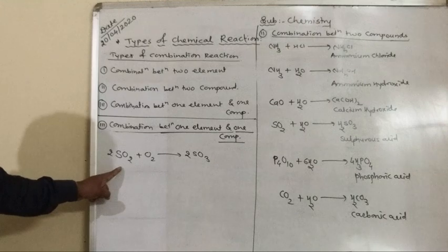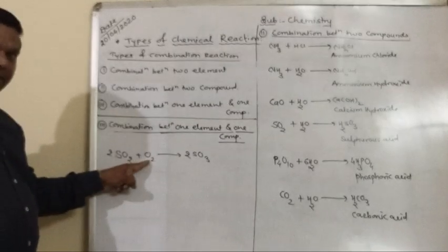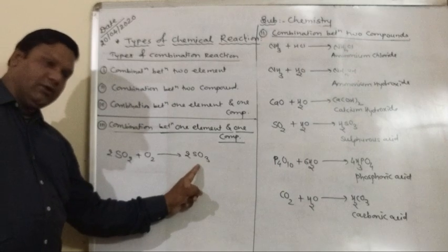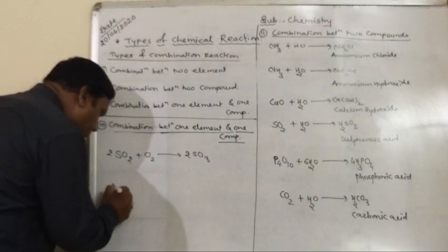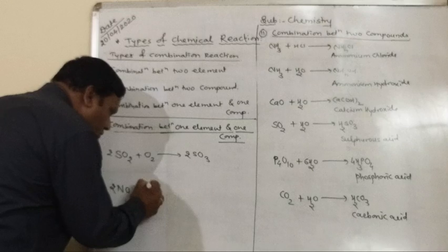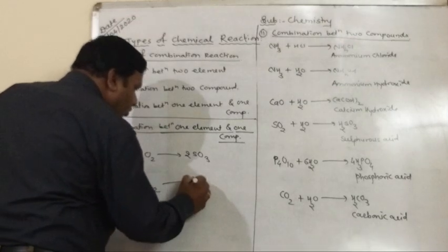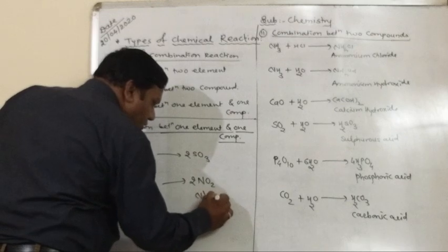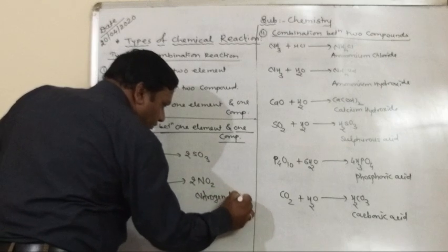Now SO2 is a compound and O2 is an element. So one compound, one element. You will again get only one product. Now NO plus O2 to get NO2, nitrogen dioxide.